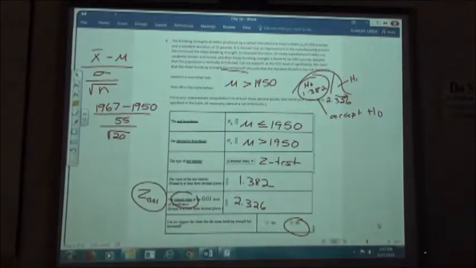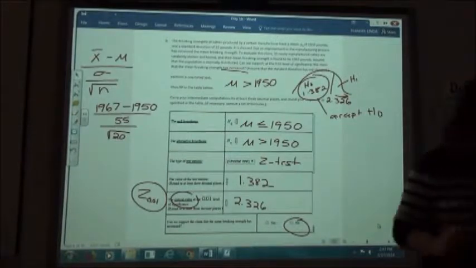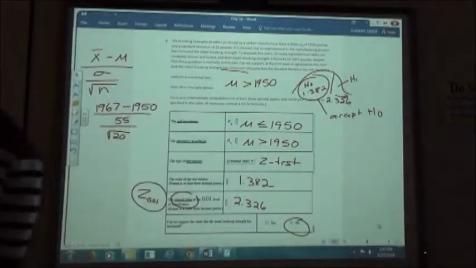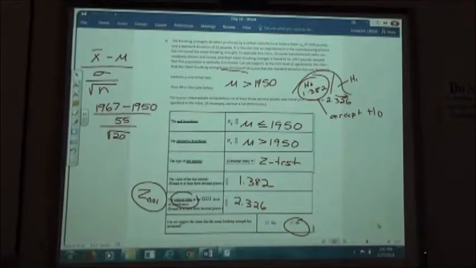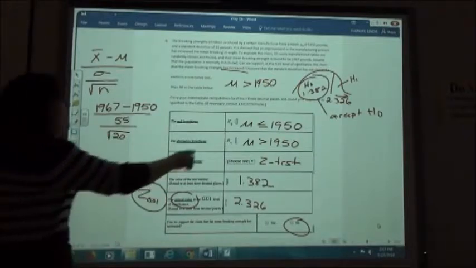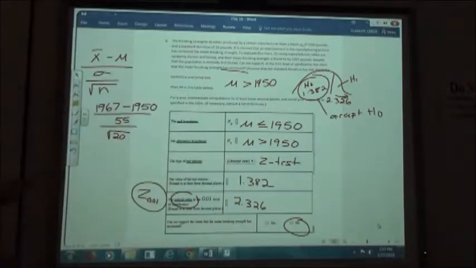Now again, if we take the graphing calculator just to check our answers, we're going to do stat, cursor over to tests, and do the stats because we know the statistics on this one. It's already probably highlighted because we did stats on the previous one. Our given mean was 1950.